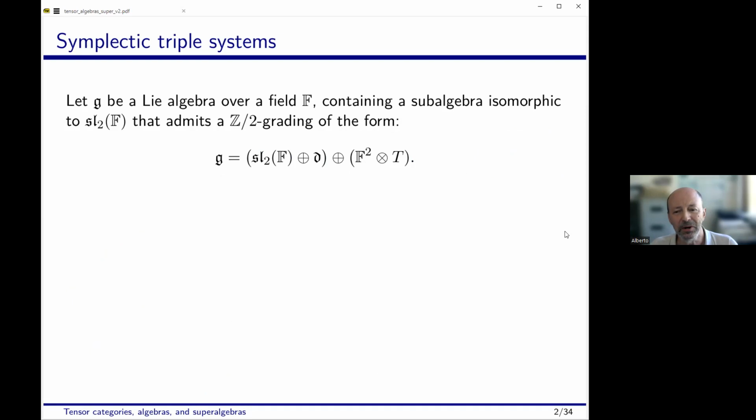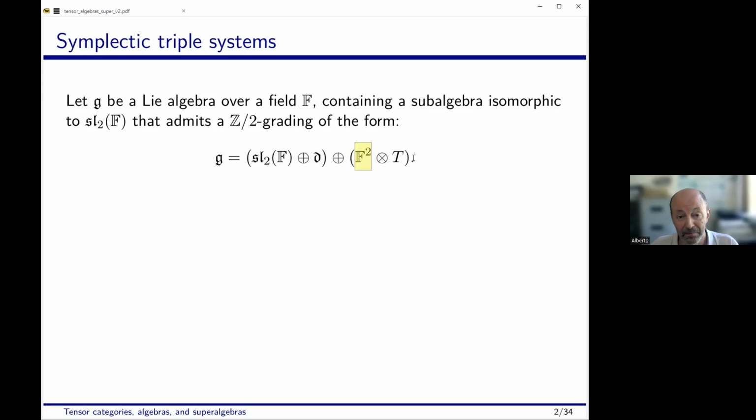And these symplectic triple systems appear every time you have a Lie algebra G over a field that contains a subalgebra isomorphic to SL2, so that as a module for this subalgebra, our Lie algebra G splits into the direct sum of the adjoint module, so the subalgebra SL2, and a sum of trivial modules, this is our D, and then a sum of copies of the two-dimensional natural module.